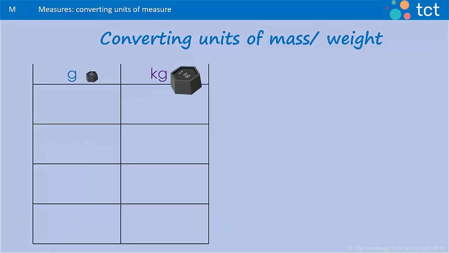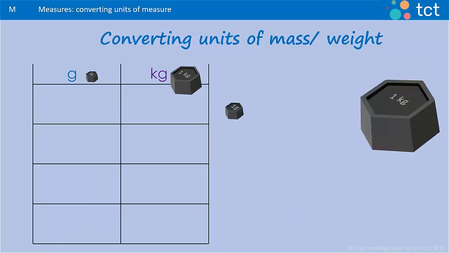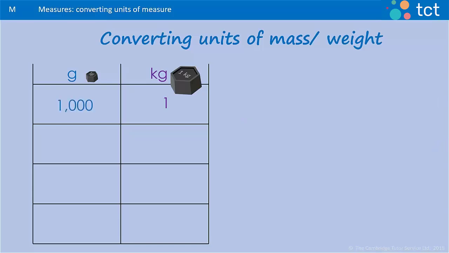On this table, we're going to convert some grams and kilograms, remembering the conversion is 1,000 grams in a kilogram. If we have 1 kilogram, and that's 1,000 grams, that will help us to work out that if we have 2 kilograms, that must be 2,000 grams, and 10 kilograms must be 10,000 grams.